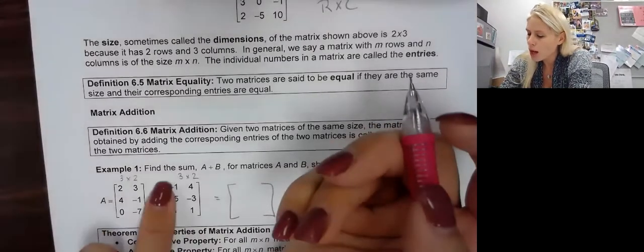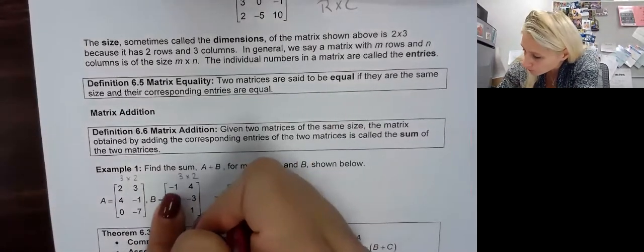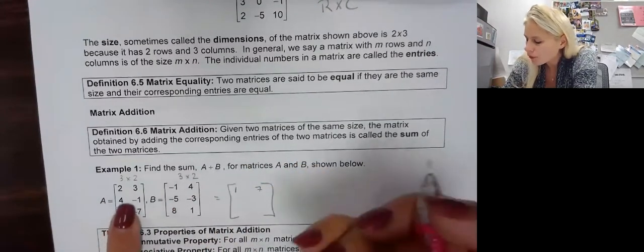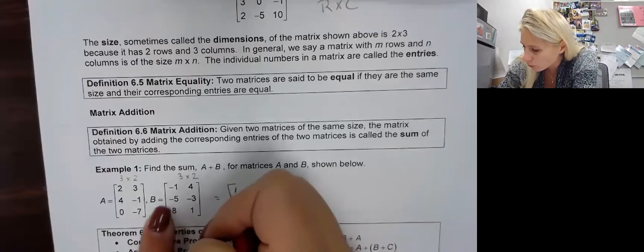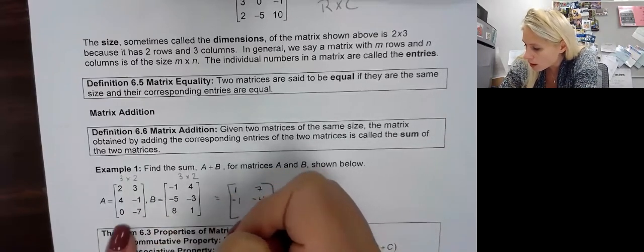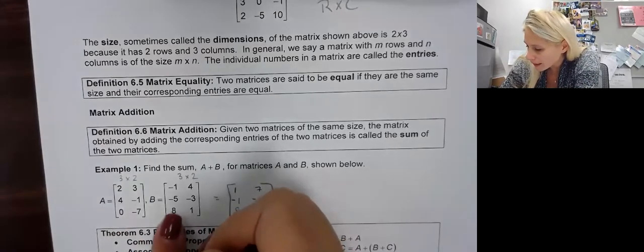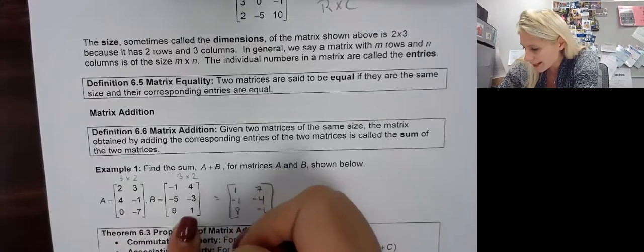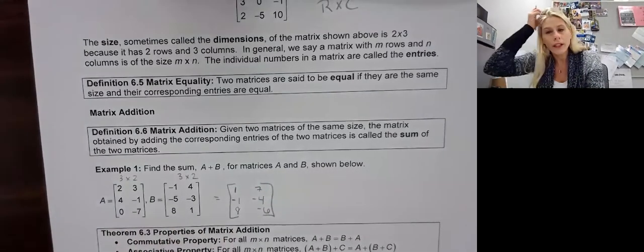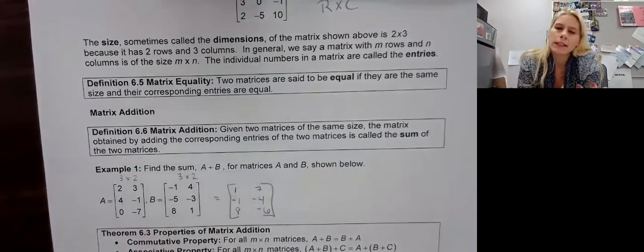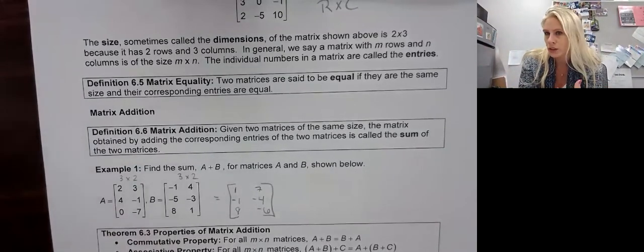So 2 plus -1 is 1. 3 plus 4 is 7. 4 plus -5 is -1. -1 plus -3 is -4. 0 plus 8 is 8. And -7 plus 1 is -6. Hopefully you see that if people make mistakes on adding, it's because of their integers and those entries, not really anything else.